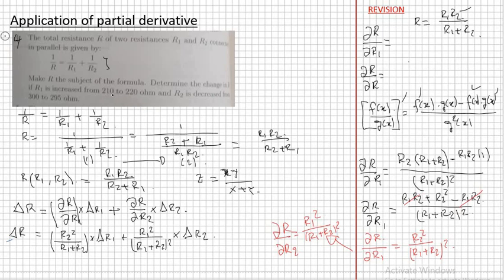So it means that r1 is increased by 10. So that's gonna be the change in r1. But r2 is decreased from 300 to 295. So here the change in r2 will be -5. So use negative for decrease and positive for increase.